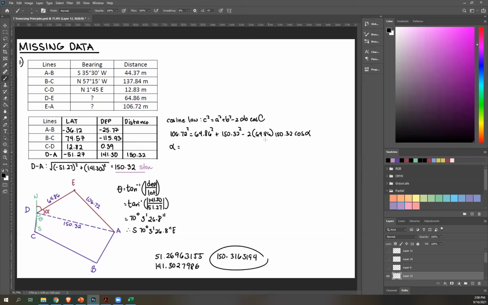Again, this is what you'll use for 150.32.